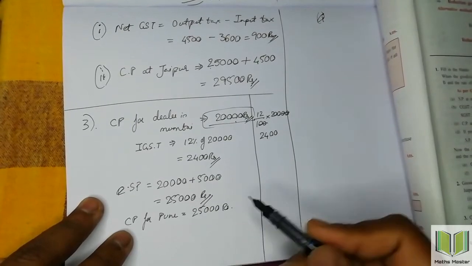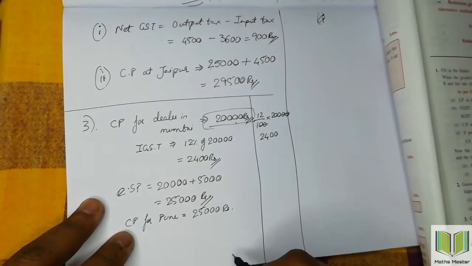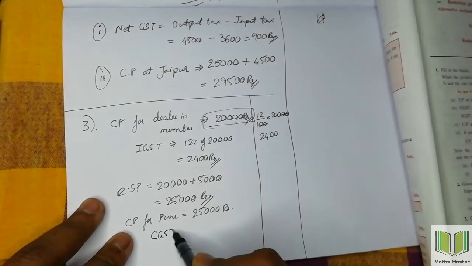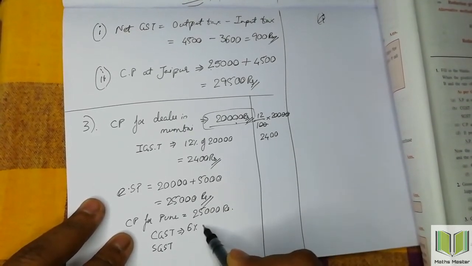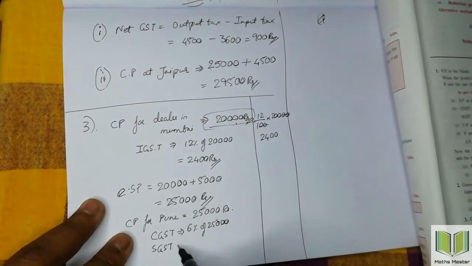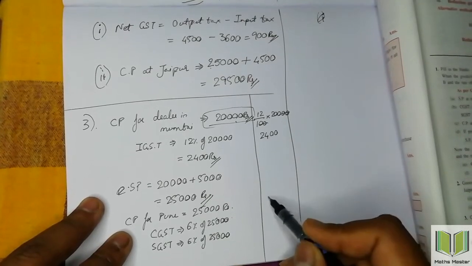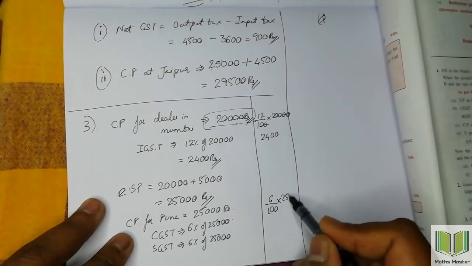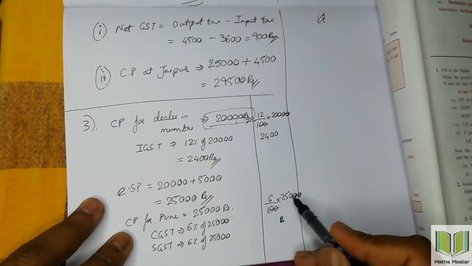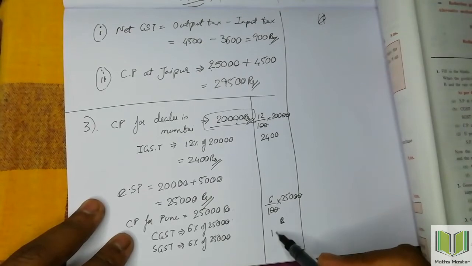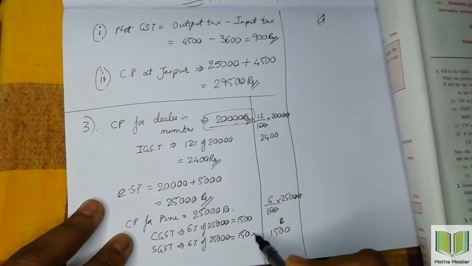On top of it, he has to pay certain tax, that is intrastate, because Mumbai and Pune, so he'll be paying CGST and SGST, which is equal to 6% of 25,000 and 6% of 25,000. So 6 by 100 multiplied with 25,000. Double zeros get cancelled. 25 times 4 is 100, so 25 times 6 is 150, so 1,500 rupees and 1,500 rupees.